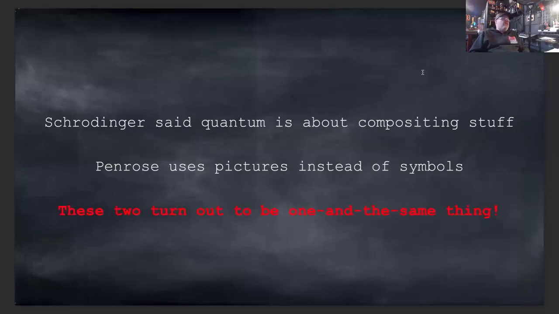So as it turns out, making your theory about composing or using pictures instead of symbols is pretty much the same idea. And everything we've been teaching you using these pictures is very much like reasoning about physics in terms of composing stuff.